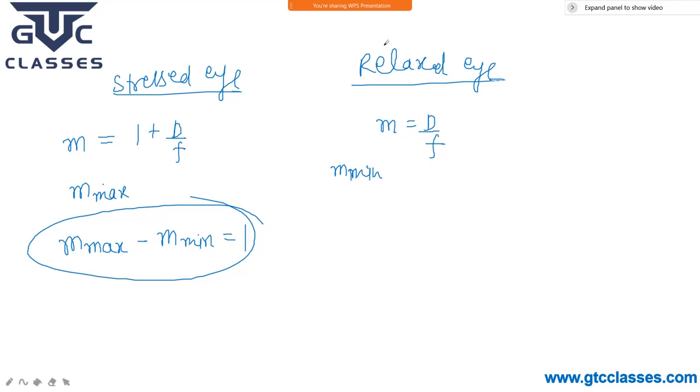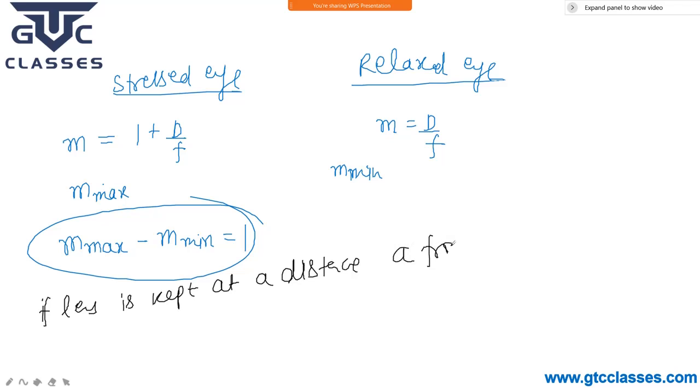So in this case, what I'm saying is, if the lens is kept at a distance small a from the eye, then your M will become how much? This is at a stressed eye.